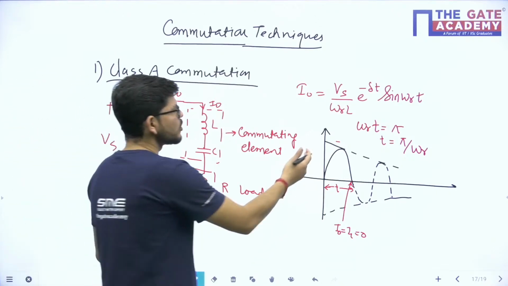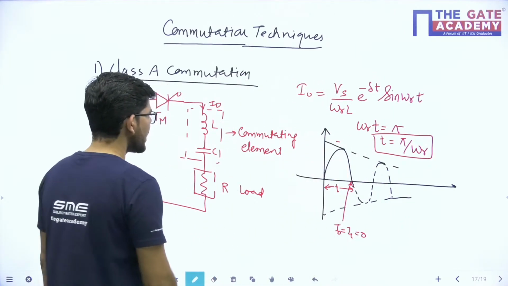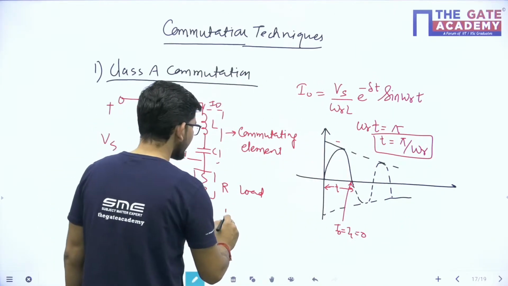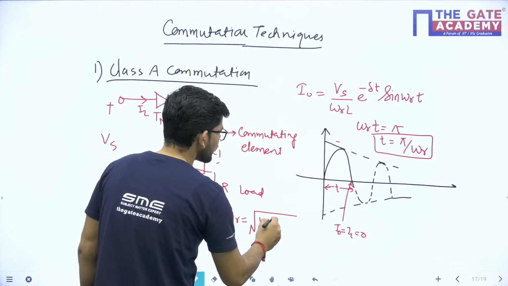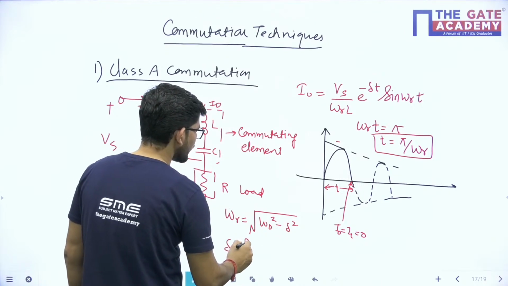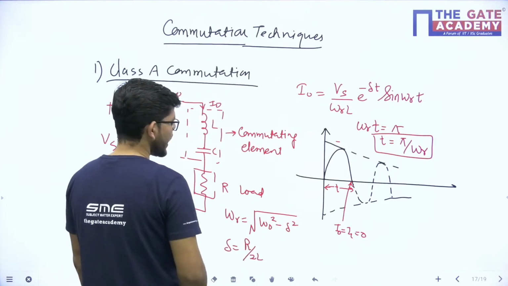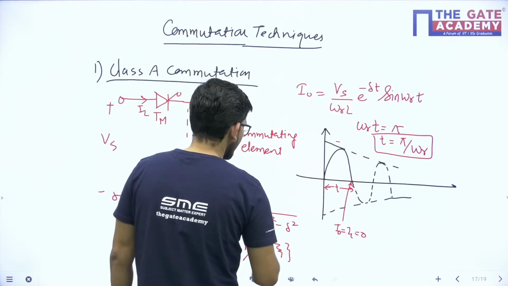So this is how the load commutating element helped in the commutation of thyristors. Okay, so t equals pi by omega R, where omega R is what? Omega R is known as the ringing frequency. So omega R is equal to the square root of omega naught square minus delta square. Delta is the damping factor, and it is equal to R upon 2L. Okay, this is also known as zeta.